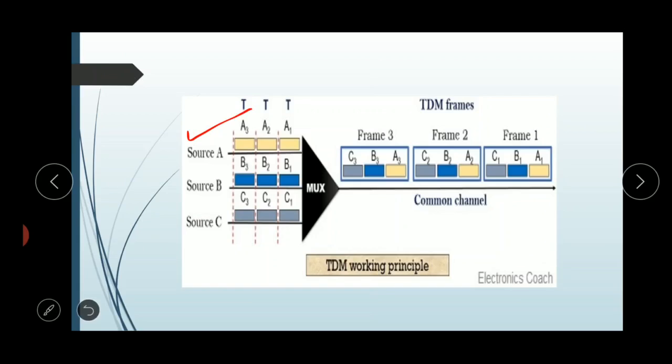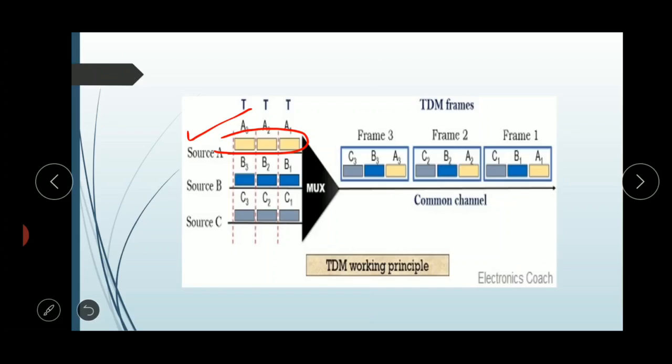The signal from source A is divided into three segments like this, and likewise source B and source C, means one complete signal divided into three segments. So, by taking one segment from each source, the multiplexer forms one frame.